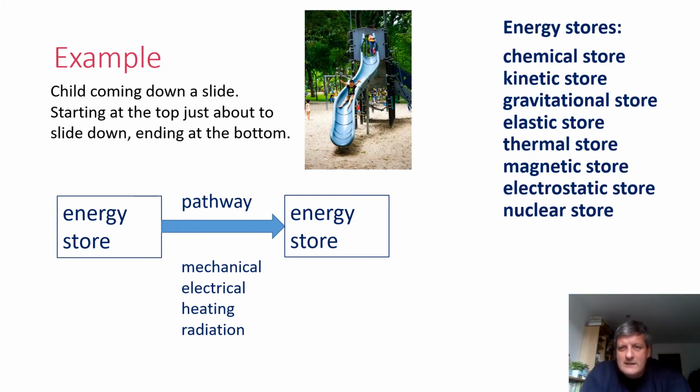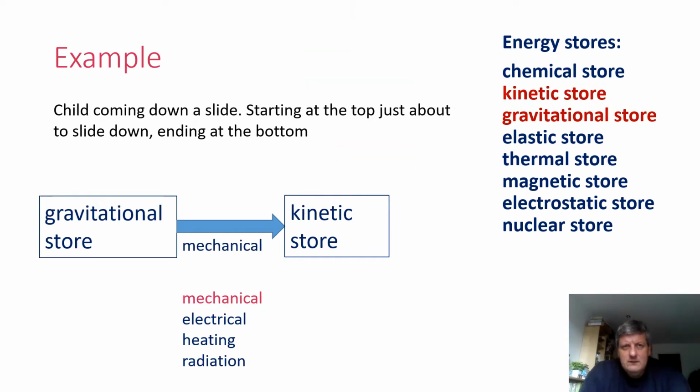So we're now going to look at an example, a child coming down a slide. The starting point is going to be the child at the top of the slide, and our end point is going to be the child just sliding down just before they come off the end of the slide. So at the top of the slide, all of the energy is in a gravitational store. The child isn't yet moving.